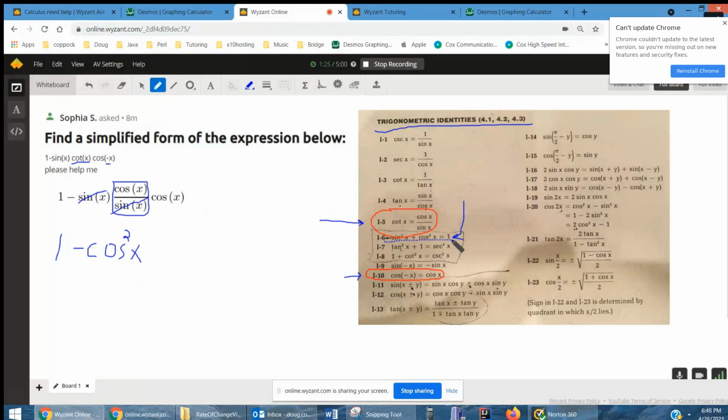Another form for that Pythagorean identity is that sine squared equals 1 minus cosine squared, because I can subtract the term cosine squared x from both sides of the identity that we started with. That means 1 minus cosine squared I can replace with sine squared. And that's probably what was intended for you to get from here to here.